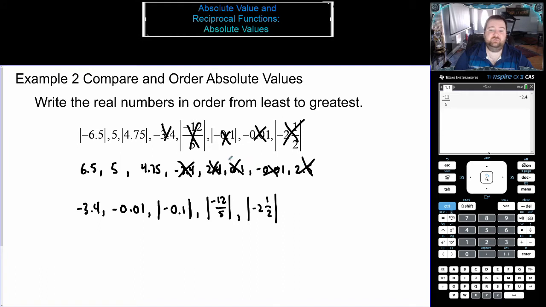In this case, I chose just decimals. And now I'm reverting back to the way they were written before. And I'm writing them out in order. So 4.75, 5, and negative 6.5. And there's our answer.